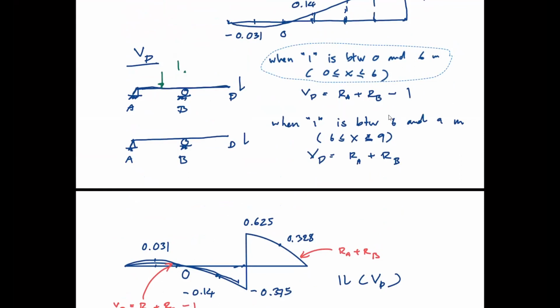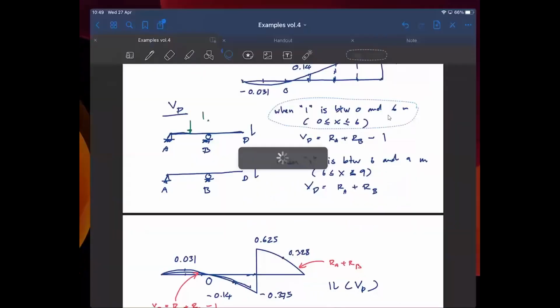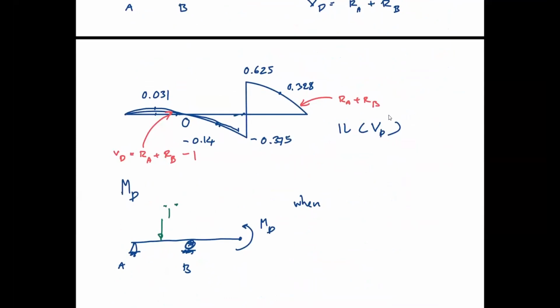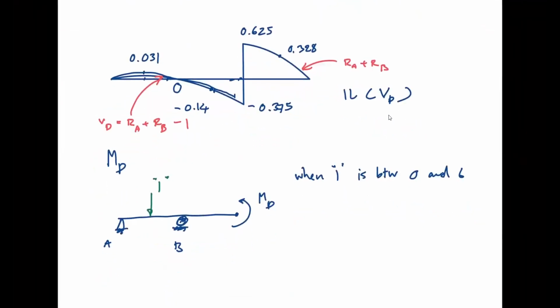Yep. You know, when you see that, it means you fail. Okay. When the unit load is between 0 and 6, that means your MD is equal to RA multiplied by 6 plus RB multiplied by 3.